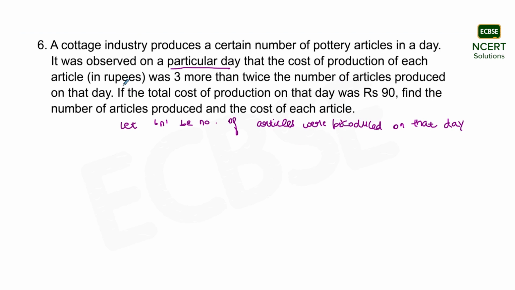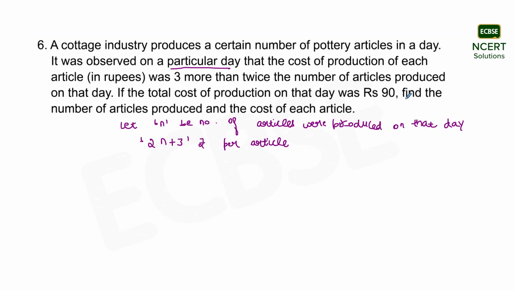And it's been given that the cost of production of each article was 3 more than twice the number of articles. Twice the number of articles will be 2n and 3 more will be 2n plus 3, right? So this will be the cost per article.